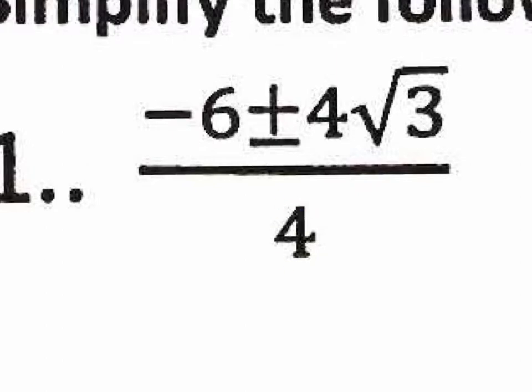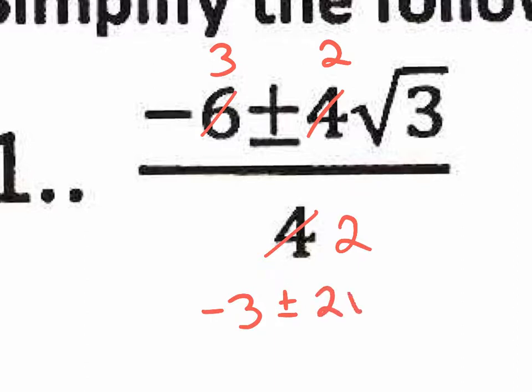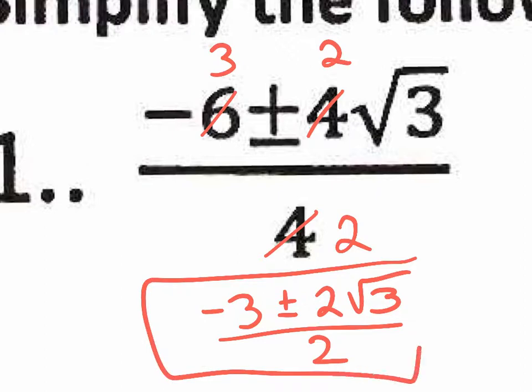So the 6, the 4, and the other 4 you could reduce by 2, and you'll get the 3 right there, the 2 right there, and down here a 2. So that answer is going to become negative 3 plus or minus 2 square root of 3 over 2. So this would be the final simplified answer.